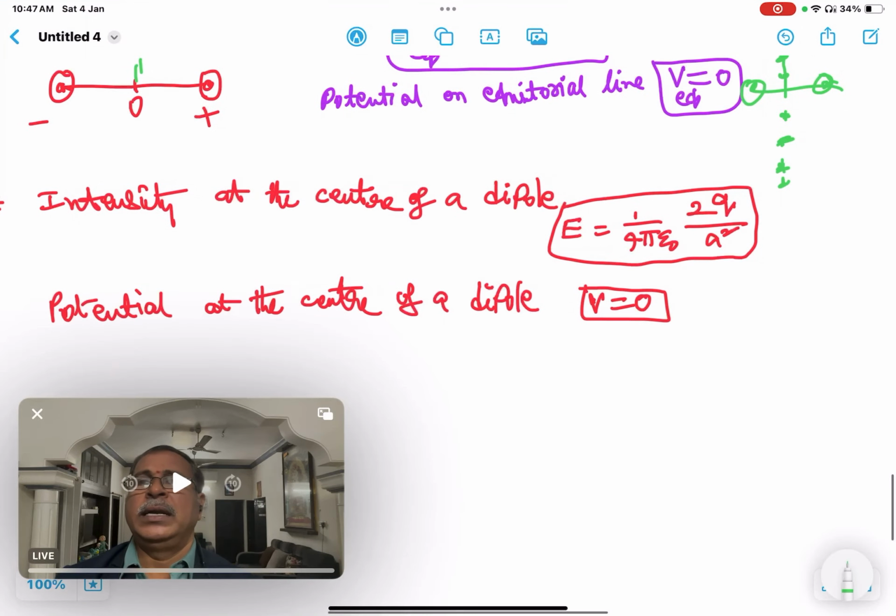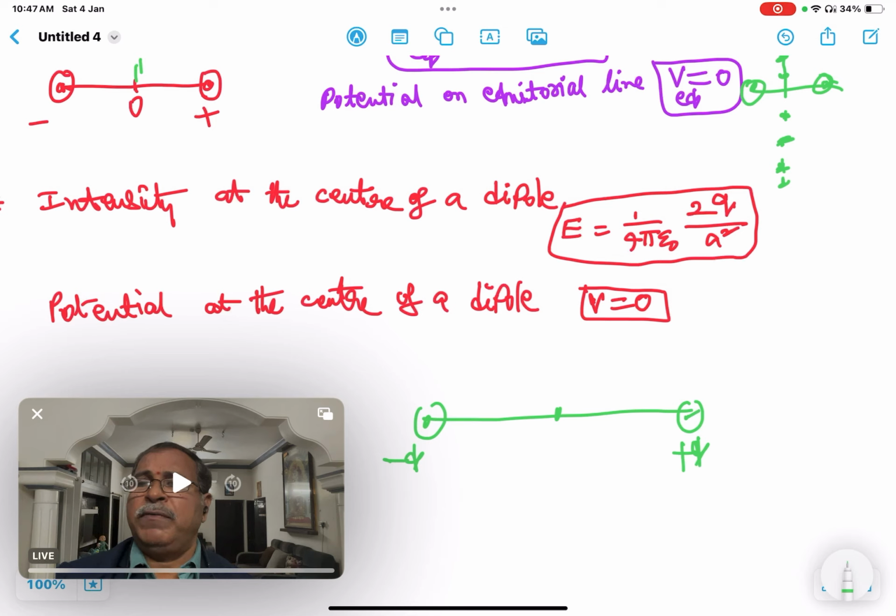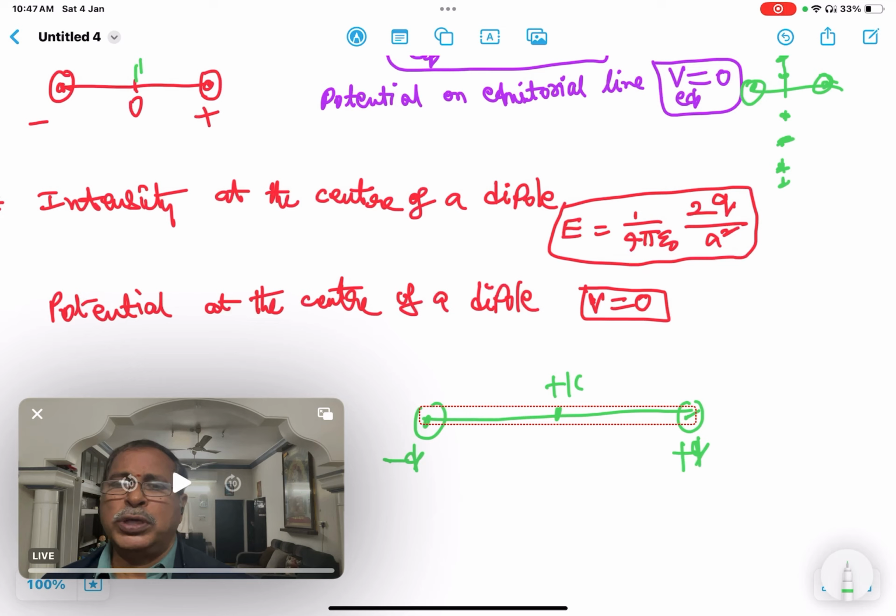Next one is intensity at the center of the dipole. This is a dipole here, and this is the length of the dipole. This is minus q, this is plus q. In order to find intensity, we have to expect a plus q naught here, plus 1 coulomb, a unit positive charge at the center.